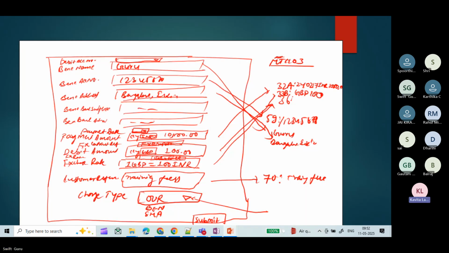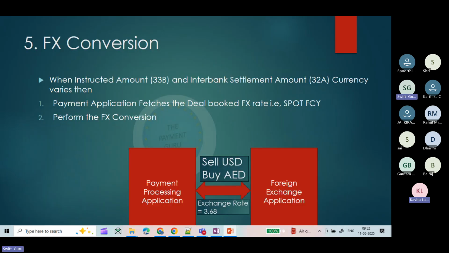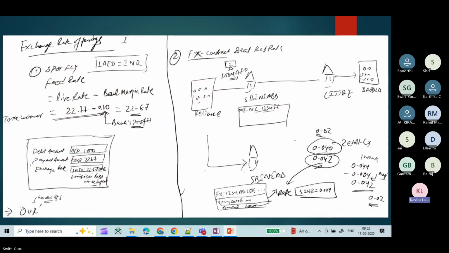Just to check, can you go back to the screen? Two FX ways we discussed. When do we use the spot FCY, and when do we use the FX contract? I think it's for a bigger deal. Yes, correct. When a big corporate or commercial customer has to make a huge transfer, they look at the margin the bank is taking. For retail, we are okay paying the exchange rate variation because we don't make huge transfers.